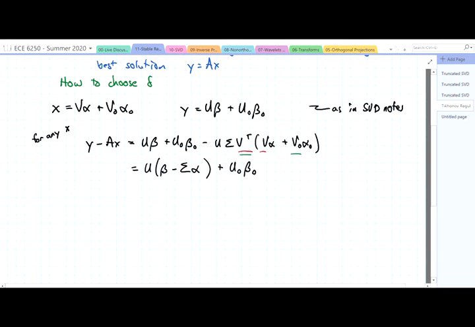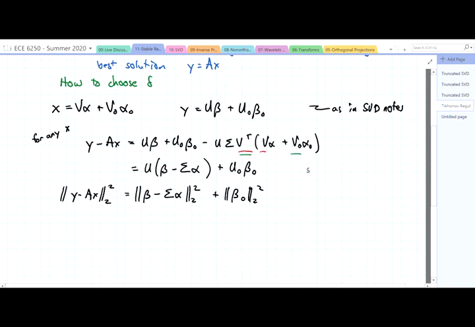Okay, so now that we've got that, we can go a step further and look at the magnitude squared, because this is what we're really concerned with. This is for some arbitrary x, and we get the norm of beta minus sigma alpha squared. And once again, using our Parseval approach, we get this.